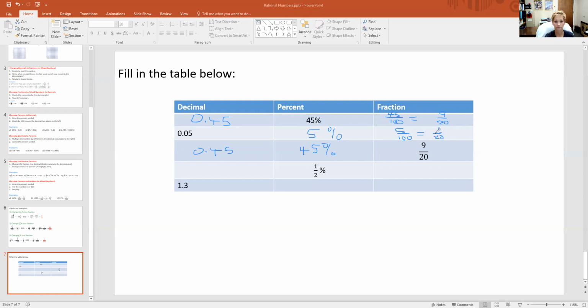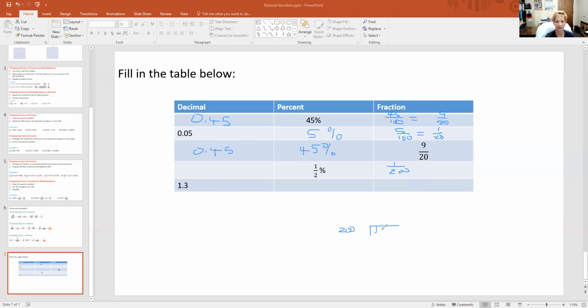Now remember, what's 0.5%? Well, if I change that to a fraction, we already did it up here, go back and look at it, that ends up being 1/200. And if I go from my fraction to my decimal, I'm going to divide 1 by 200.